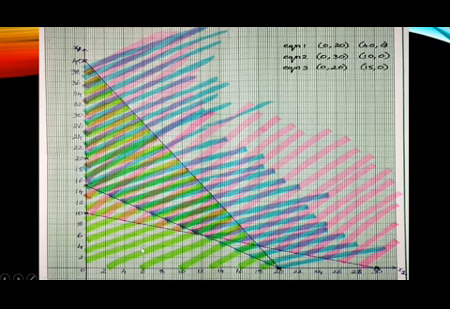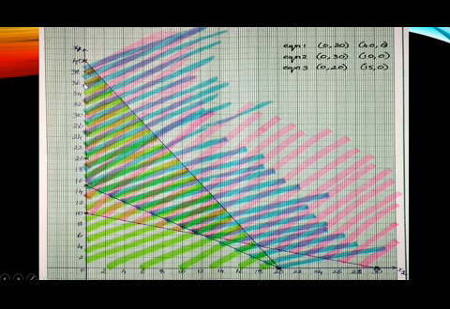So for the first equation, green shade below the line. For the second equation, pink shade above the line. For the third equation, blue shade above the line. So now the region where I have got all the 3 shadings is the feasible region.